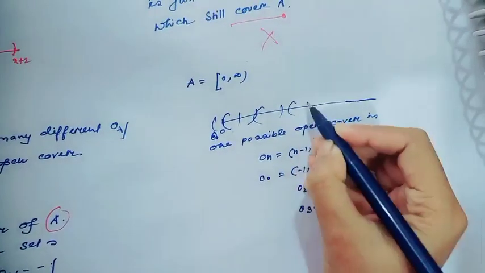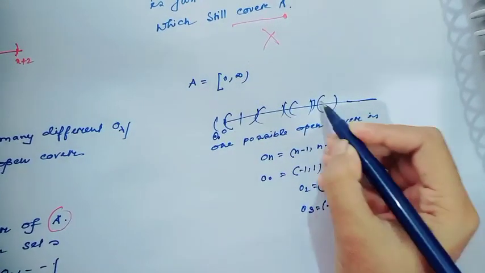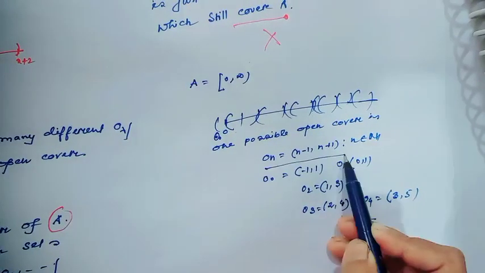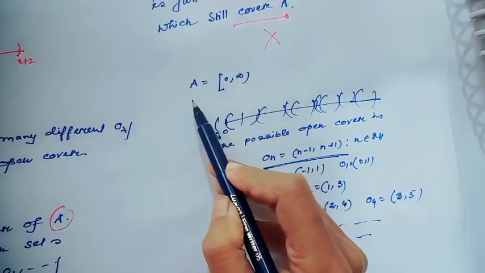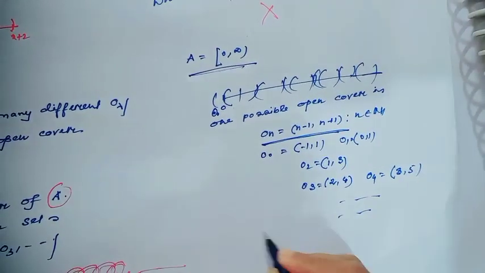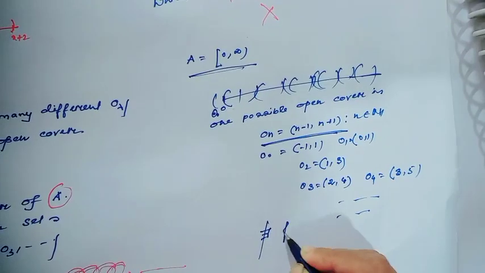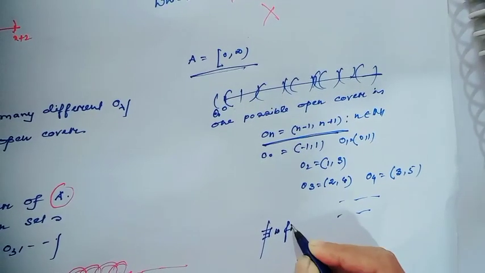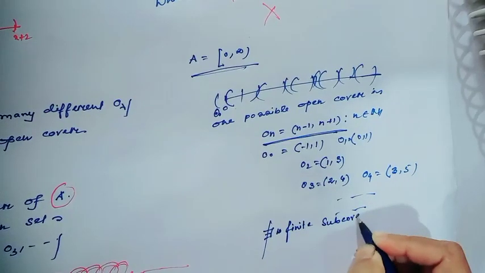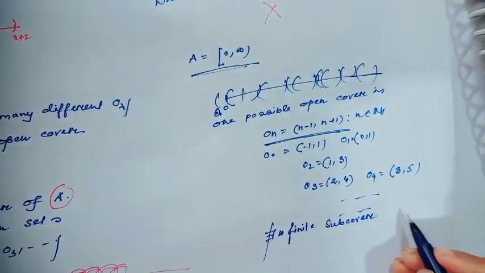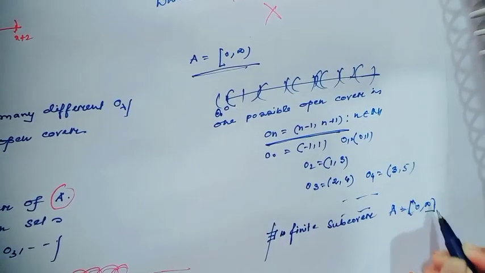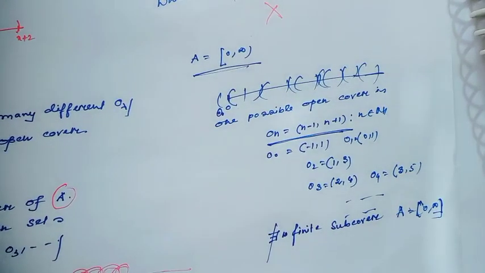That means this type of interval, and this open cover obviously covers the whole interval [0, infinity), but there exists no finite subcover which covers the whole set A equal to [0, infinity). Have you understood? Okay.